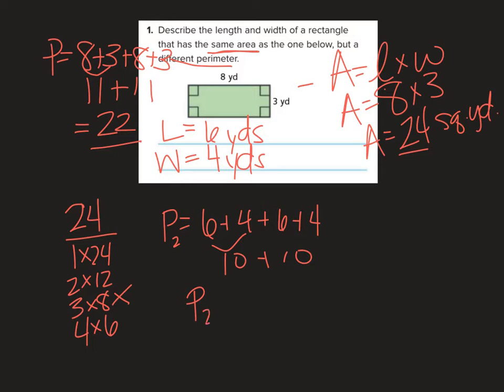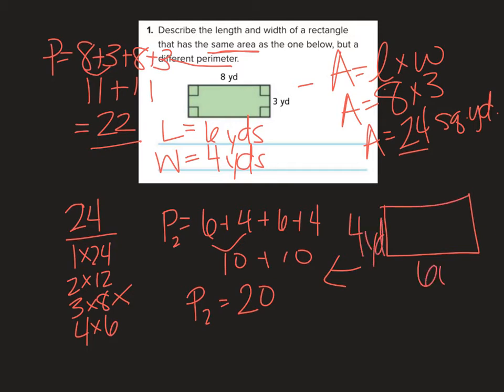So the perimeter of shape 2 would be 20, and the original one was 22. So we have a new rectangle that has the same area but a different perimeter. This information came from a rectangle that was 4 yards by 6 yards.